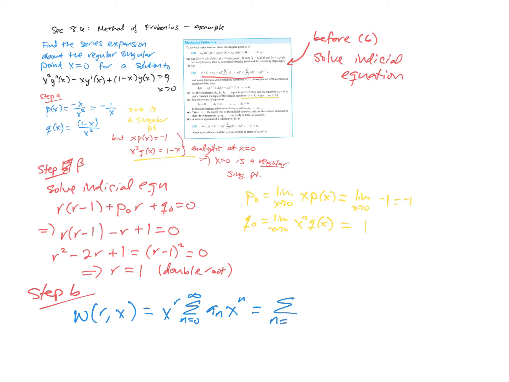We're just going to combine all these, and A N X to the N plus R. Now, we know what R equals. R equals 1. We could plug this in here.